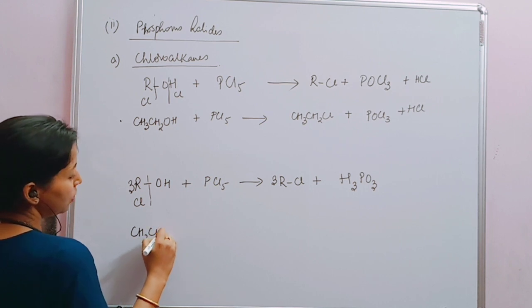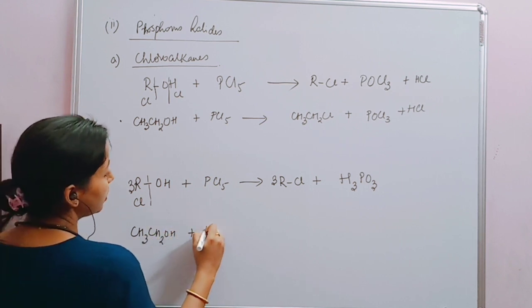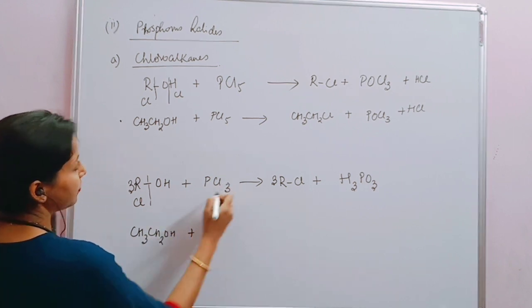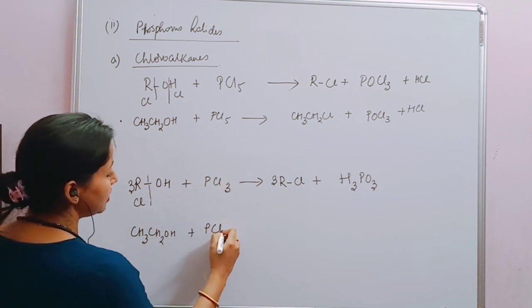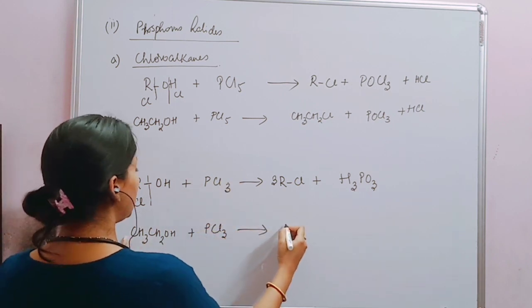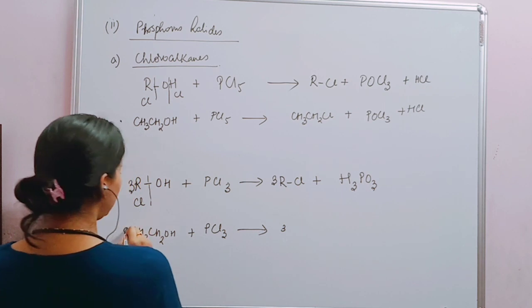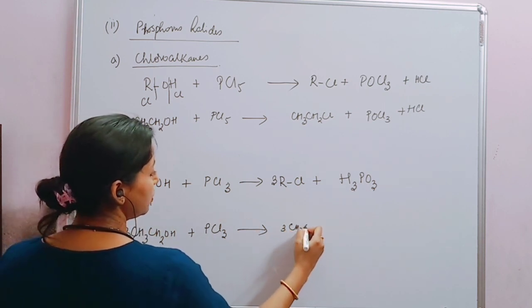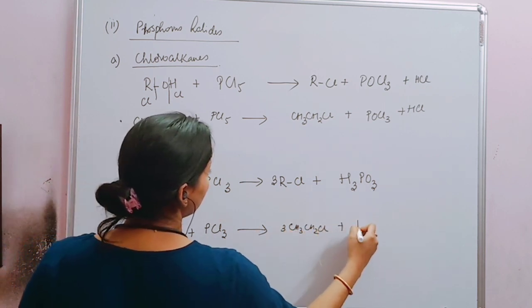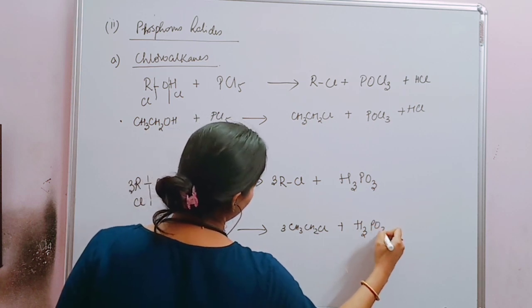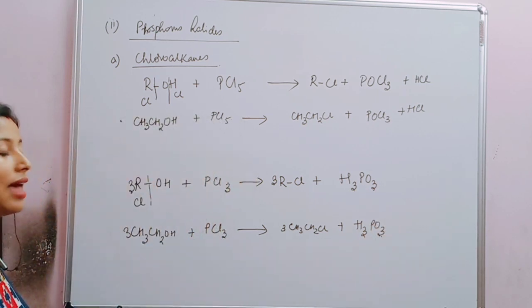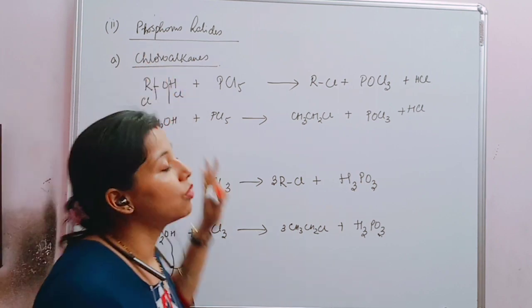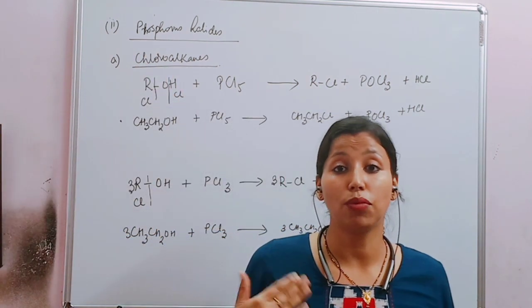CH3CH2OH, sorry, this is PCl3, phosphorus trichloride. So this becomes 3 CH3CH2OH plus PCl3 giving 3 CH3CH2Cl plus H3PO3, phosphorous acid. So this is chloroalkanes. We have to do bromoalkanes and iodoalkanes separately.